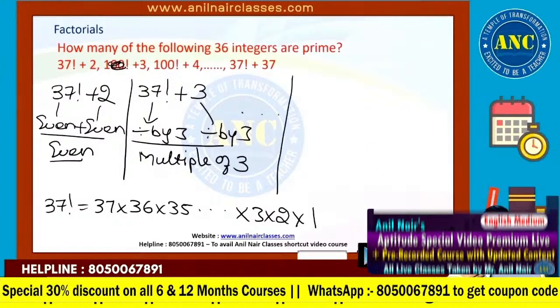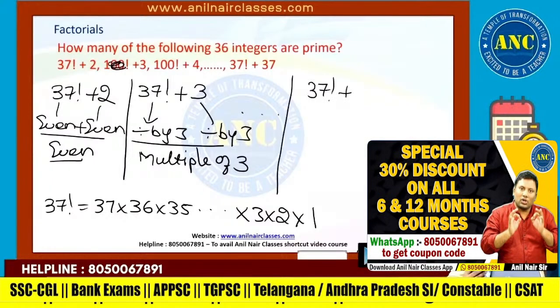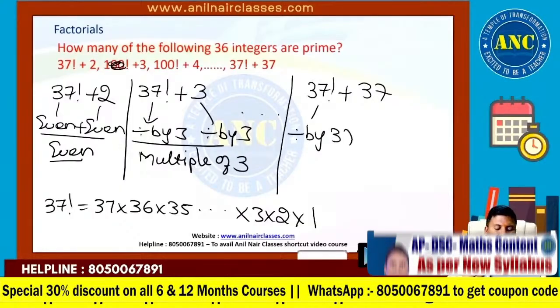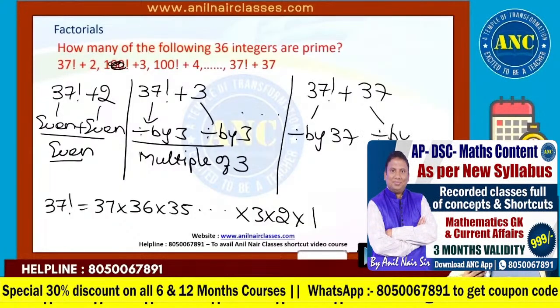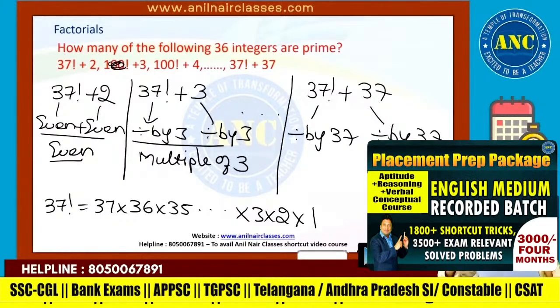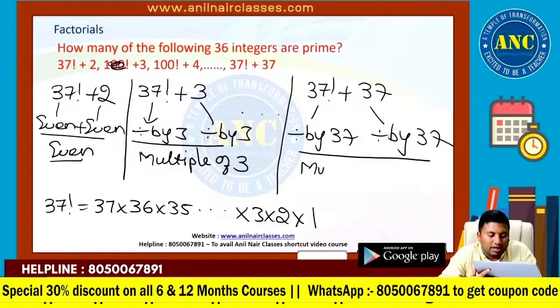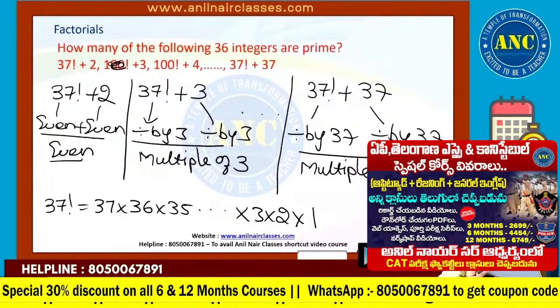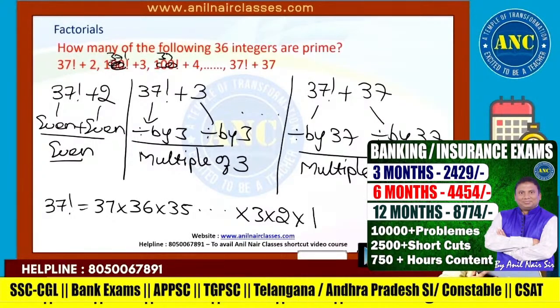And so on up to 37 factorial plus 37. This is divisible by 37 and 37 is also divisible by 37. If I add two numbers which are divisible by 37, answer will be divisible by 37. So again it is a multiple of 37. That means all the numbers are multiples of 37.